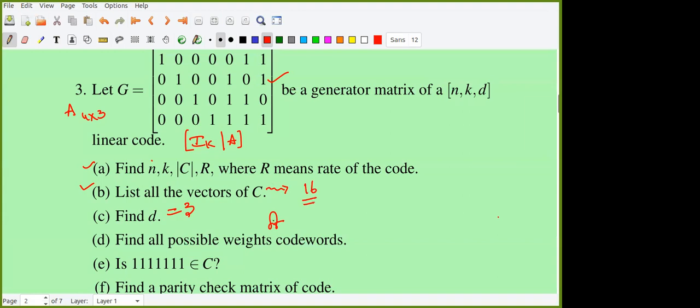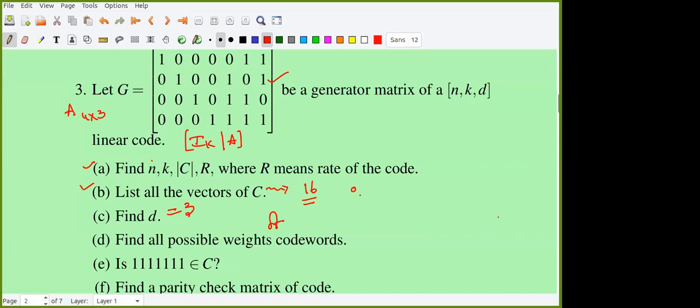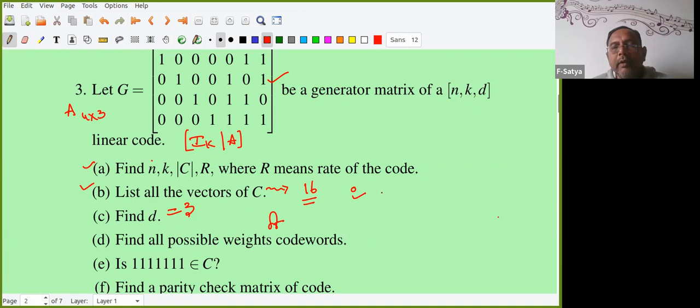So can you have one vector whose weight is 0? 0, 0, 0. Yes, it is there. So we have a weight 0 vector, right? Can you have a vector of weight 1? See, you do not know what the 16 vectors are, you have not listed them. But even then you can comment.